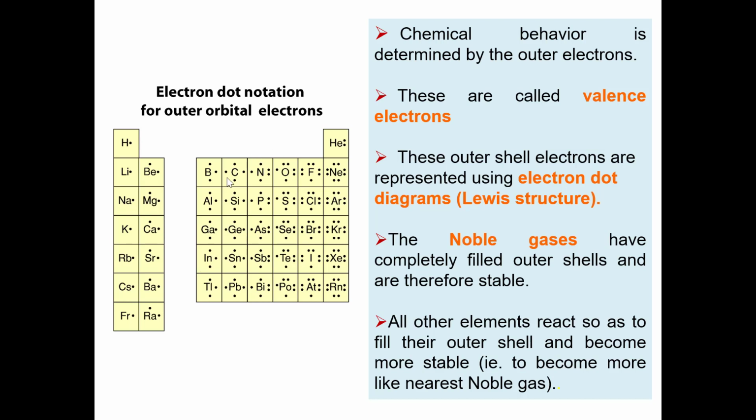They want to fill this one. To be stable, they need to fill the outer shell to have a similar electron configuration to the noble gases.